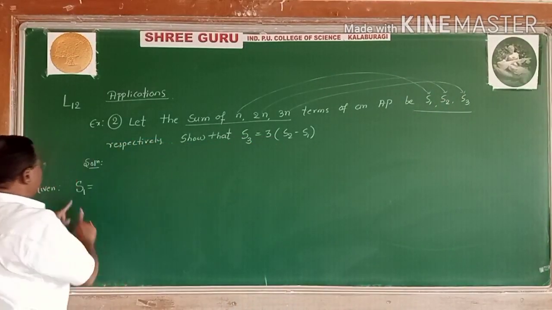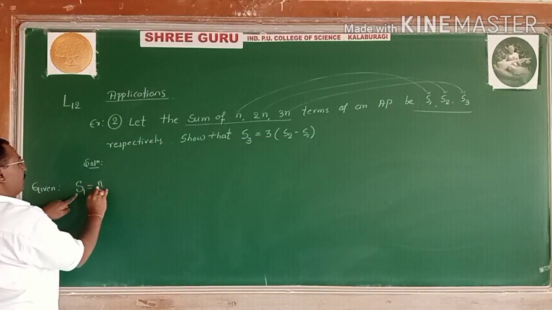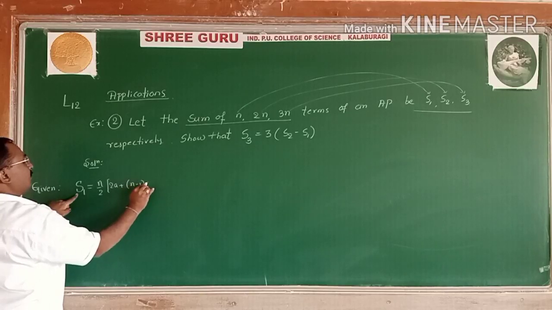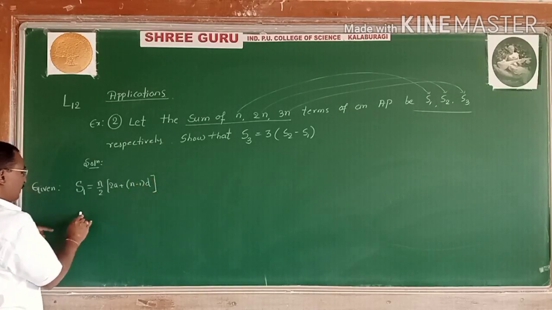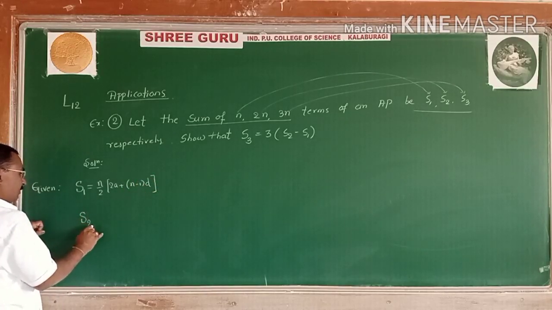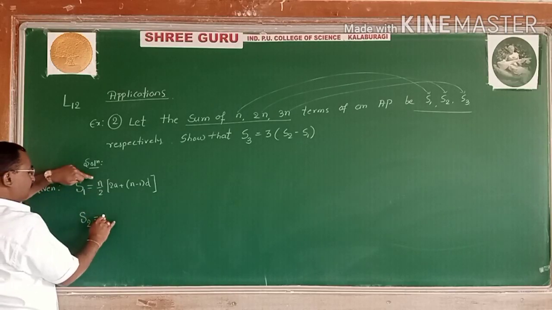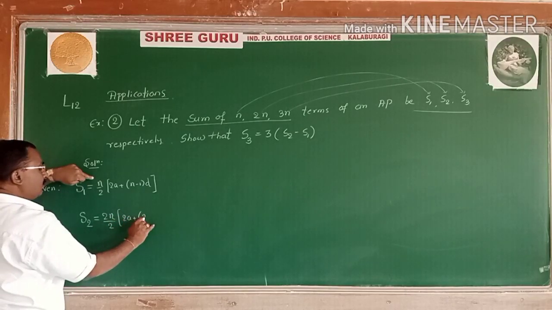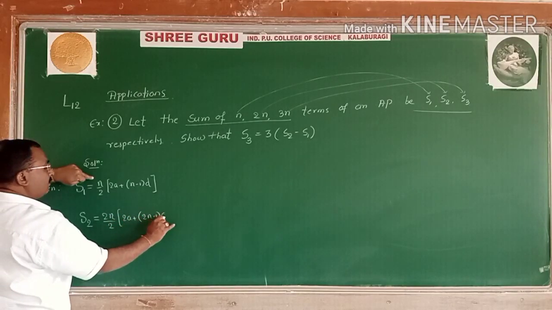S1, S2, S3. S1 is equal to n by 2 times (2a plus (n minus 1) d). This is the formula. Next, S2 respectively: replace n with 2n, so S2 is 2n by 2 times (2a plus (2n minus 1) d).